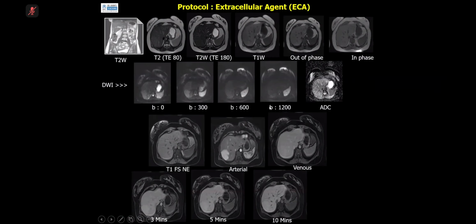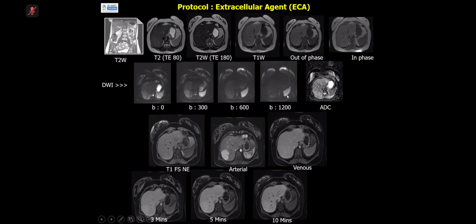Look at this. This is our protocol in our department when we use gadolinium, where we use various kinds of T2 sequences, T2, and then a highly T2 weighted sequence, one coronal, two axials. Then we do a T1 in opposed phase to look for any fatty change. Then we do DWI.